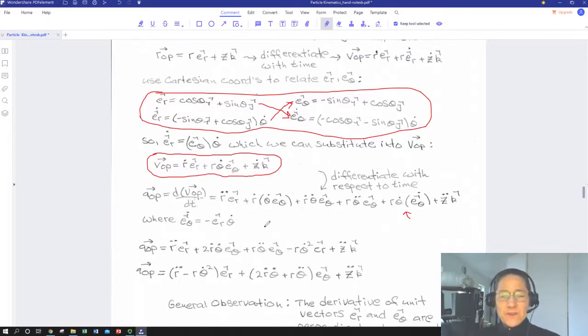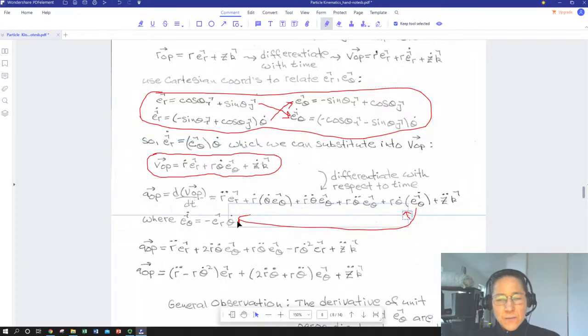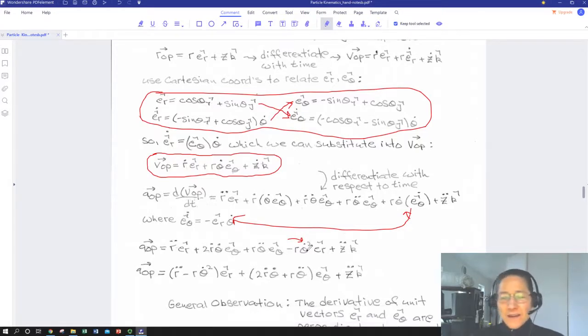So we'll substitute that there, and it ends up going down here. So we end up with one term with a negative, and we have squared. Okay, so this is not a double dot. This is the first time derivative of theta, parentheses squared.